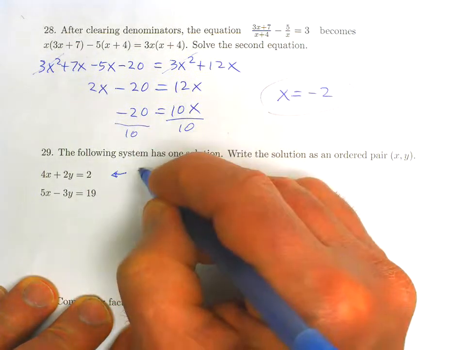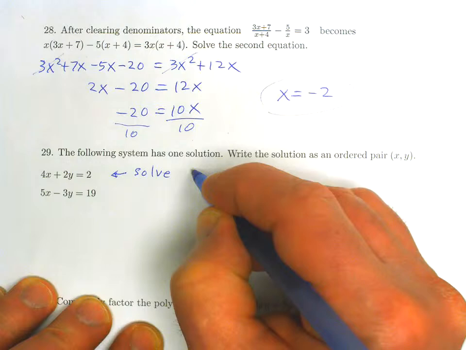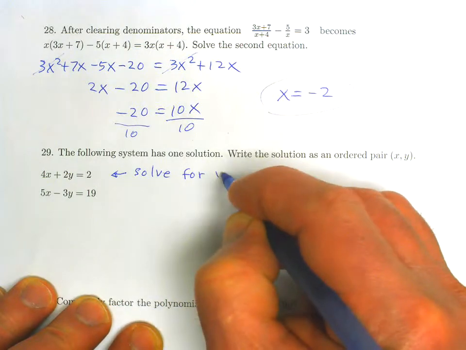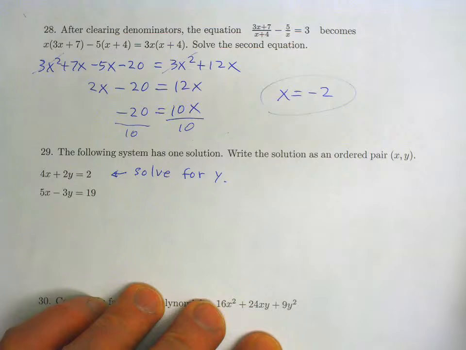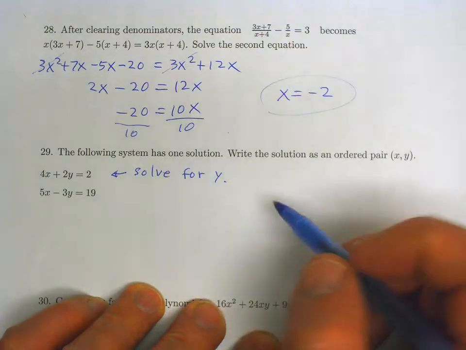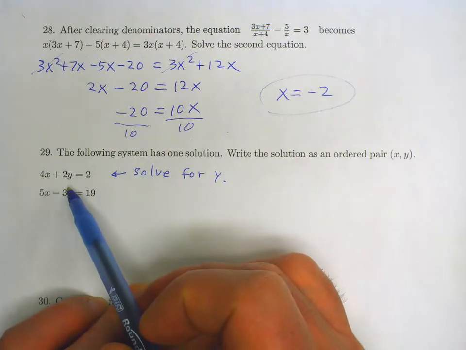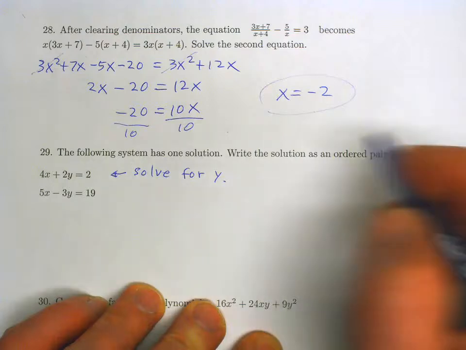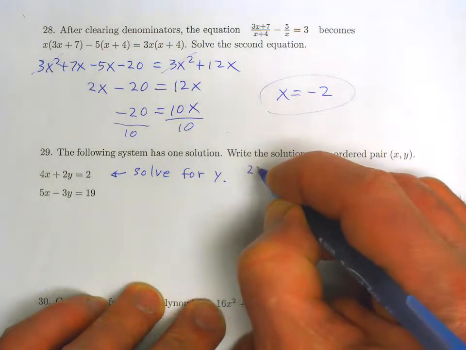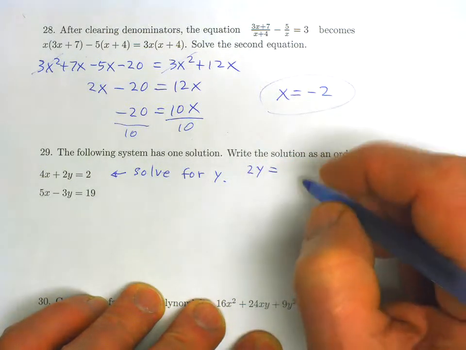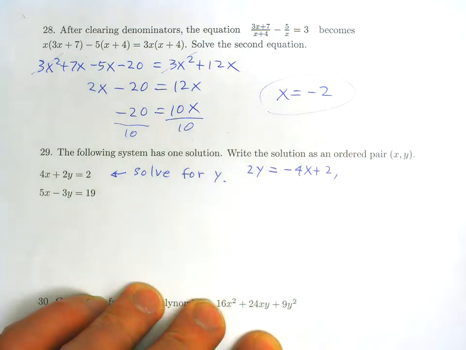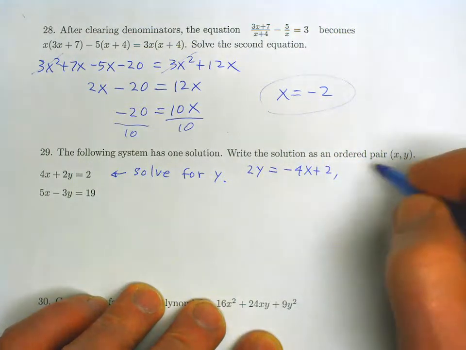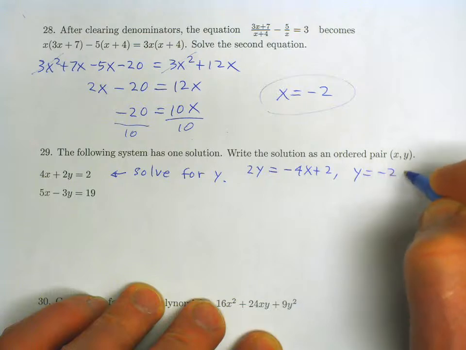I'll solve the top equation for y. So I have other options, but if I just pick the top equation and solve for y, then I start with, by subtracting 4x, I get 2y equals negative 4x plus 2. And then divide every term on both sides by 2, I get y equals negative 2x plus 1.